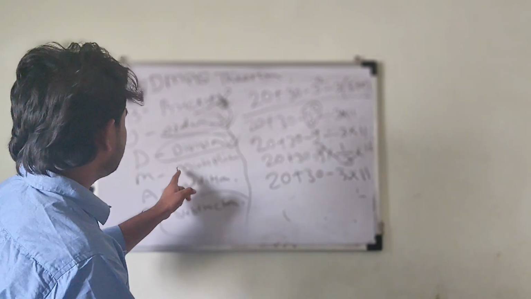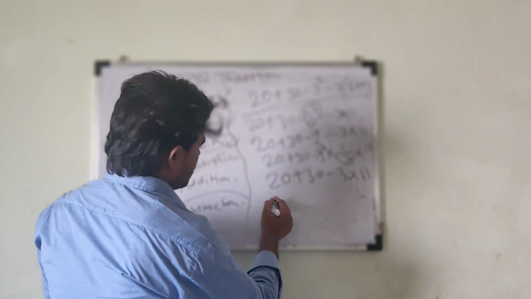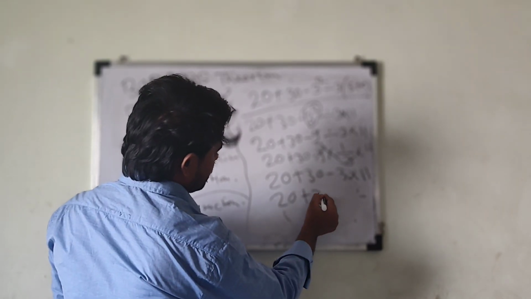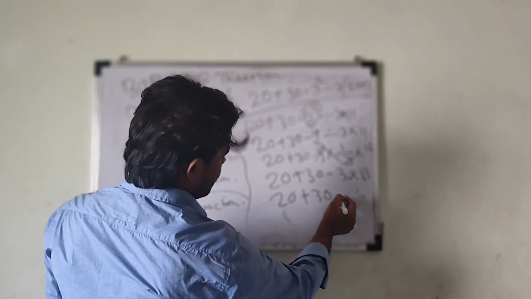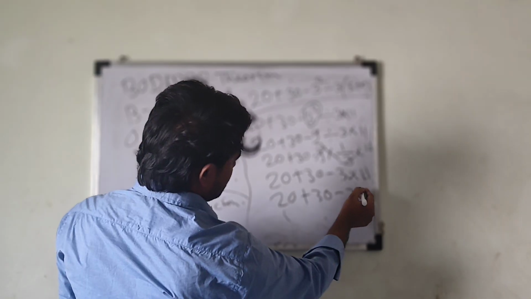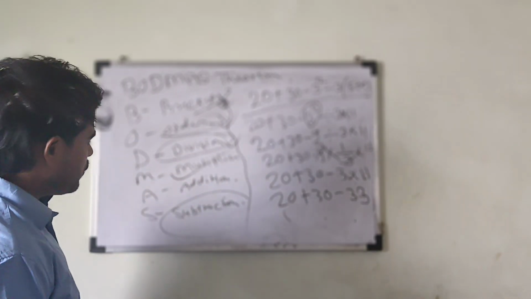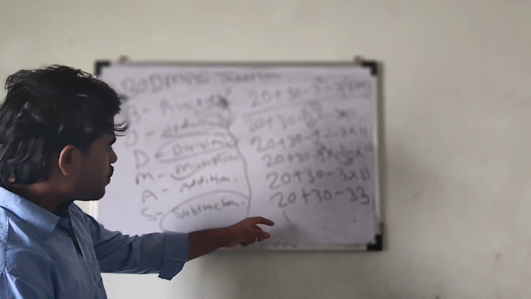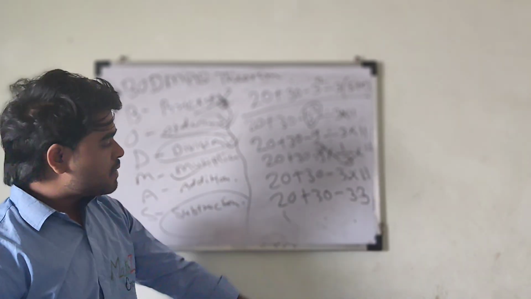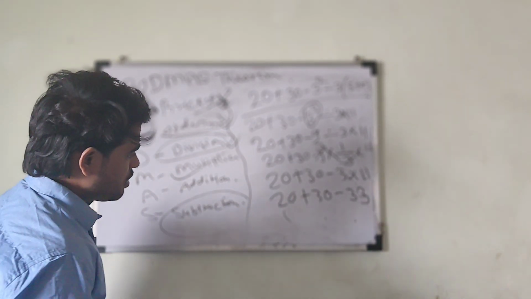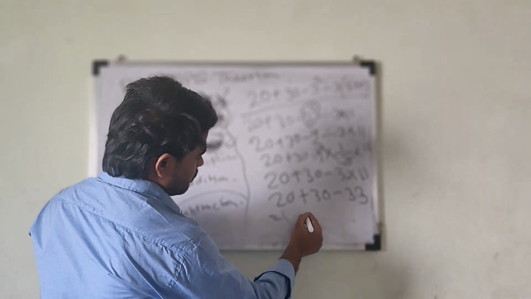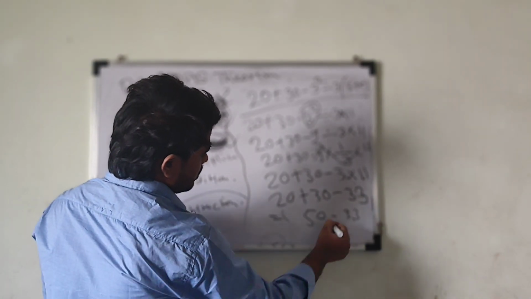Now we go to the next rule, multiplication. So 20 plus 30 minus 33 is what we get. Now we go to addition. We are not going to subtract first; first we have to add. So 20 plus 30 equals 50, minus 33.